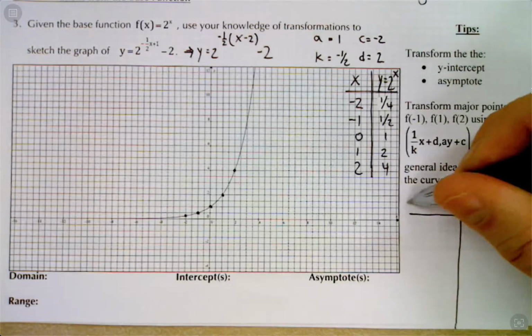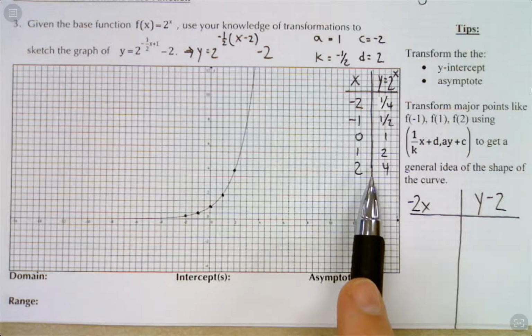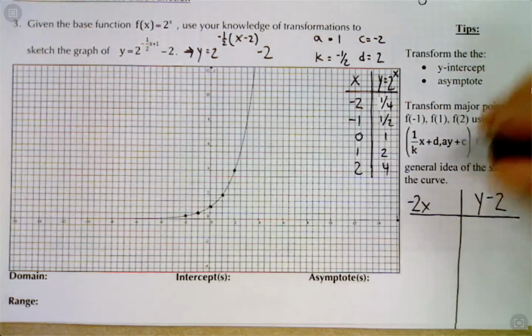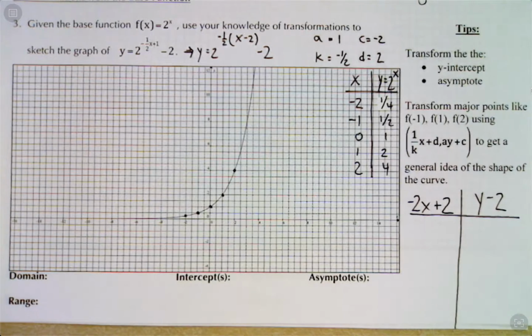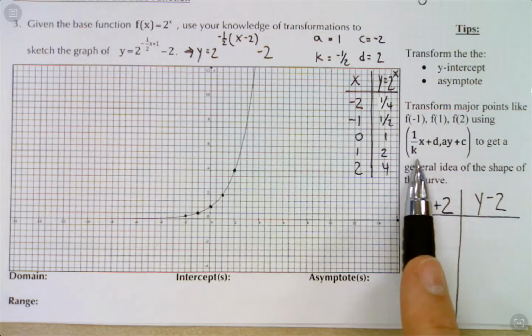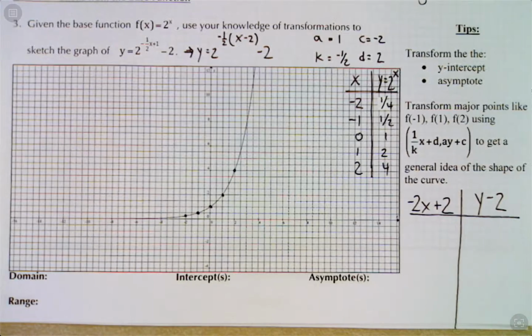So we have -2x, and then we have plus 2. -2x plus 2. If you would prefer just to write x divided by -1/2, that's fine. But if you simplify it, it maybe makes it a little bit easier.